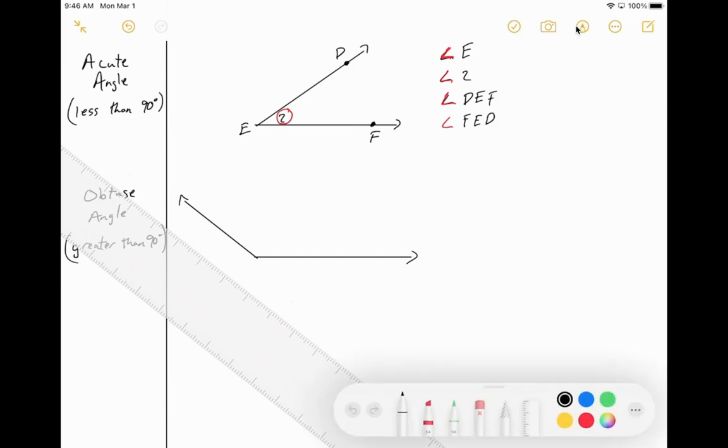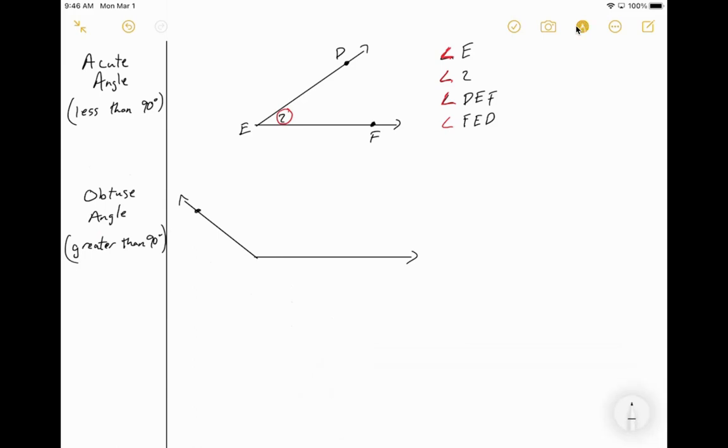All right, here's an example of an obtuse angle, and I'll have you go ahead and write the names. Can you put the names of this angle in the chat?